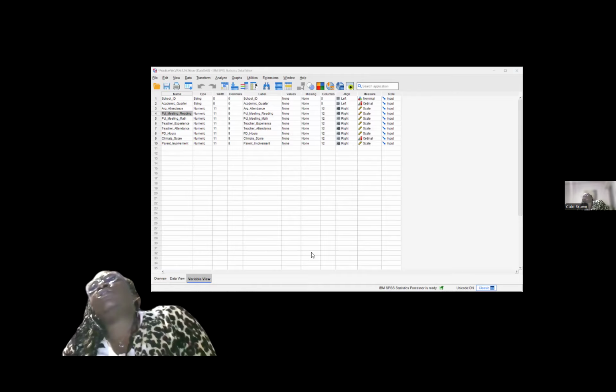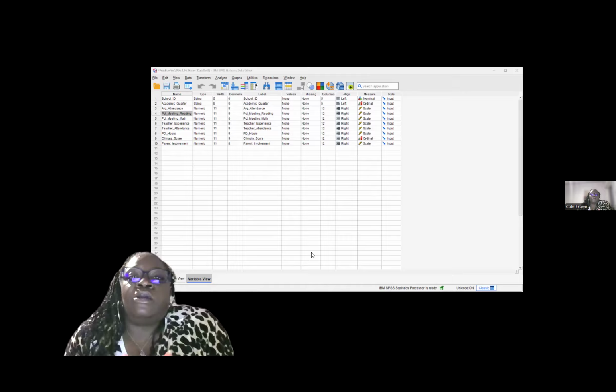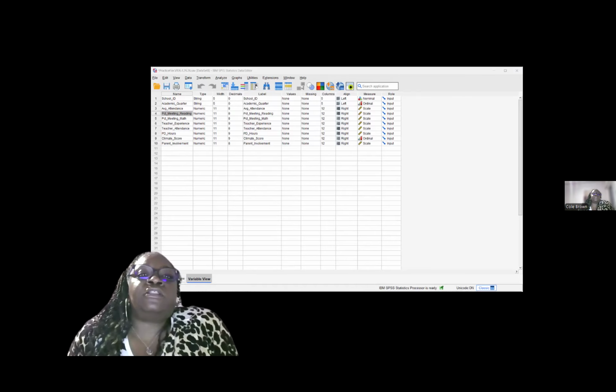Because we want to know, are students meeting whatever their goal is, that goal based upon the number of hours that parents are involved in the school process or in the daily process. And so it looks like this, with this graph, you see that the ceiling effect has taken place because we have them at about 90% right here, but you have a few right at 100%.